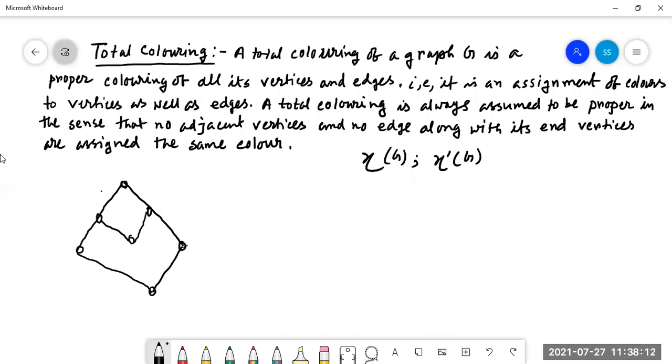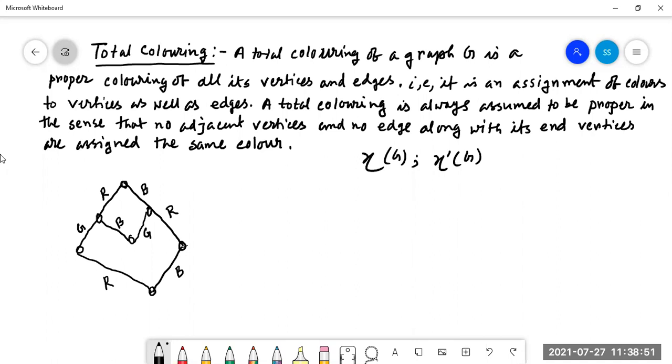So if we take that this edge is the color red, then this edge is green, this edge is blue, then this edge is blue, then this edge is red, this edge is green, this is red, and this is blue. This is a graph where we are making the proper coloring of edges.